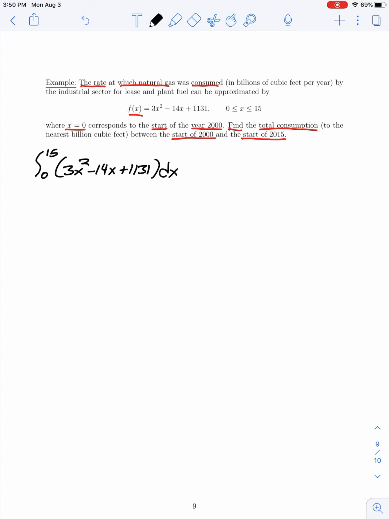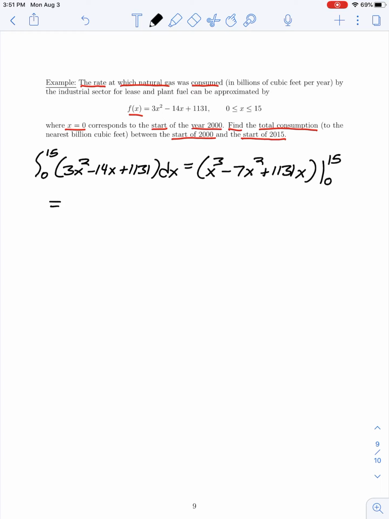So we start by finding an antiderivative. Here our antiderivative would be x cubed minus 7x squared plus 1131x, which is evaluated from 0 to 15.